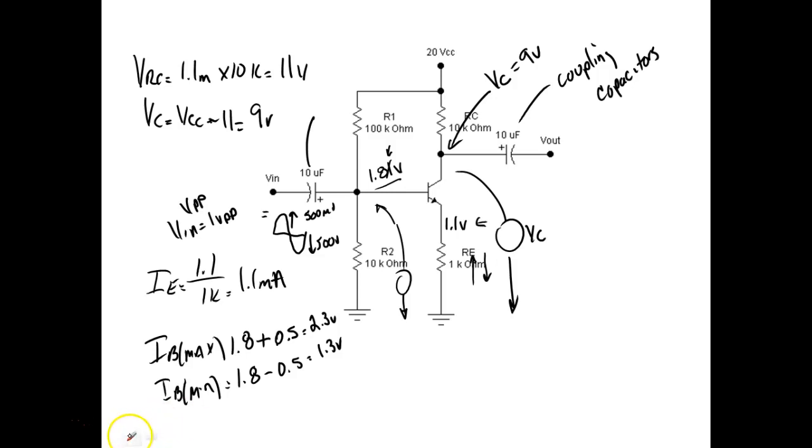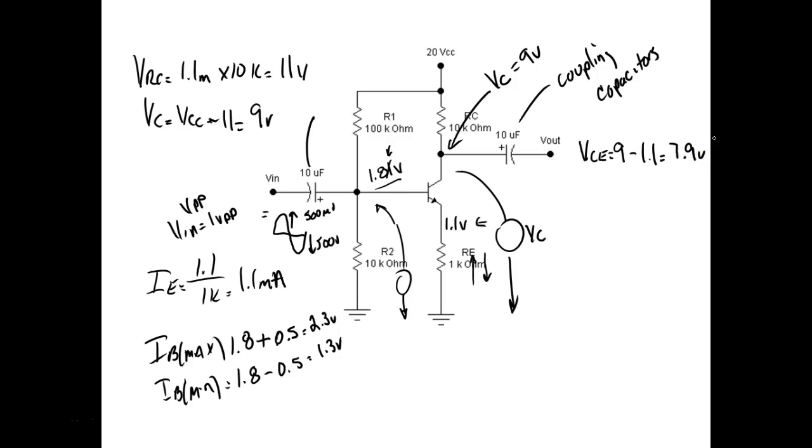So one important thing we need to do is calculate VCE to determine whether the transistor is operating in the active or the saturation region. So VCE would be equal to the voltage right here, which is 9. Sorry, would be 9 minus 1.1. 7.9, right?